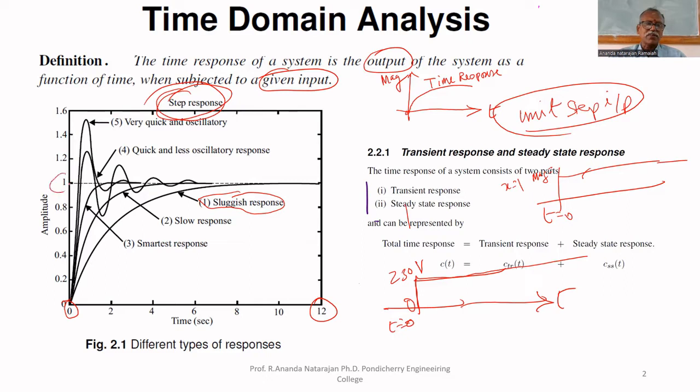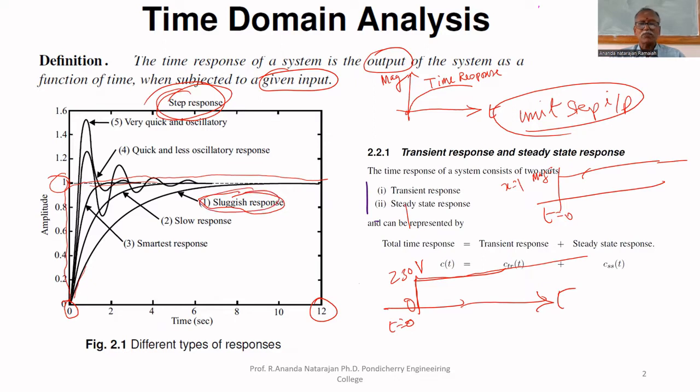Such a unit step input is given, and its response is plotted here. The red line is the input, the unit step input. The system also goes to that value 1. It follows the step input, but only after some time.